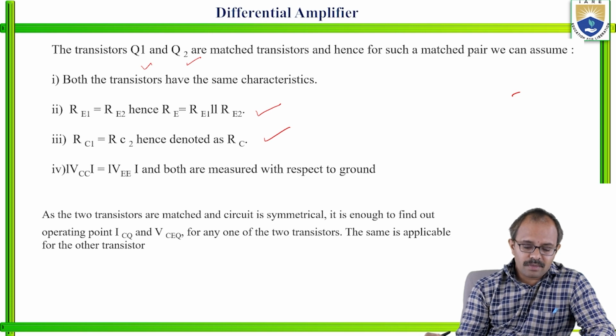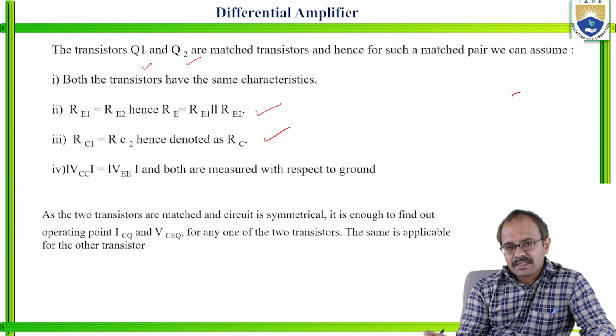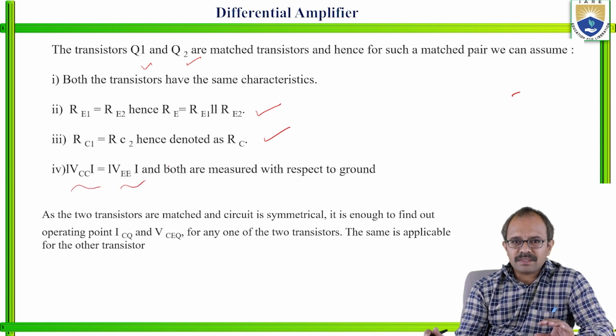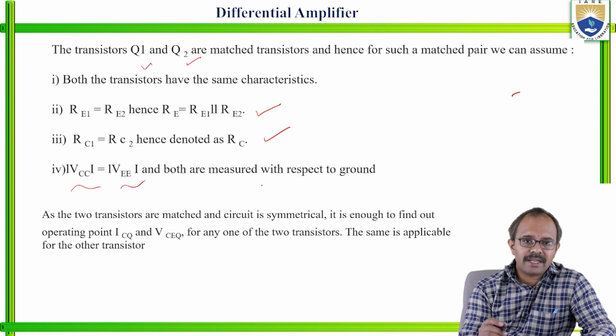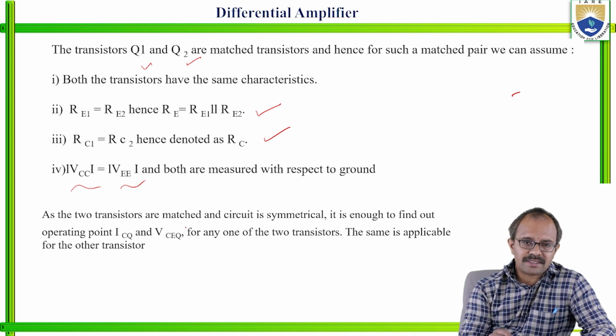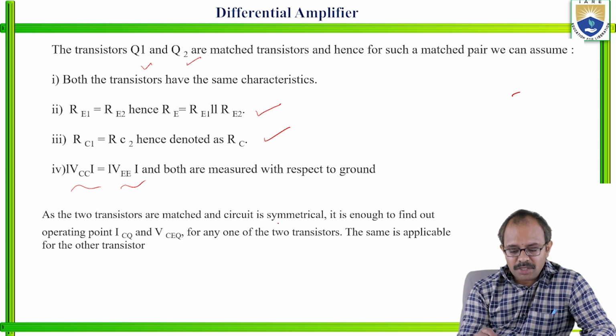And we said the currents measured across the individual transistors are going to be the same, that is VCC into IE and VE into IE. So these are some characteristics obtained by knowing the nature of the two transistors. They are ideal in nature, that is, the two transistors are matched and the circuit is symmetrical here, right?